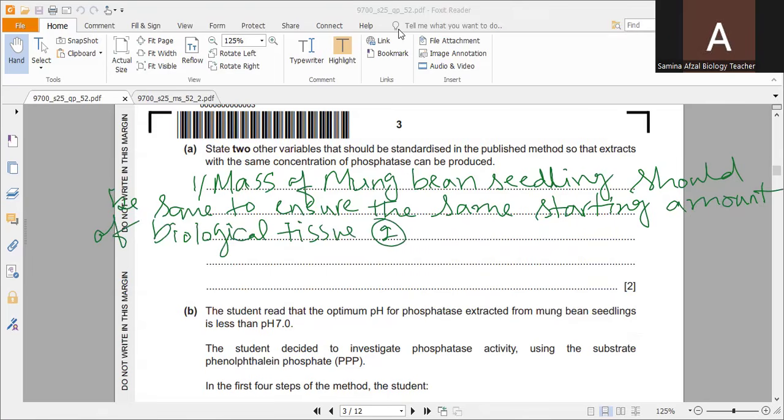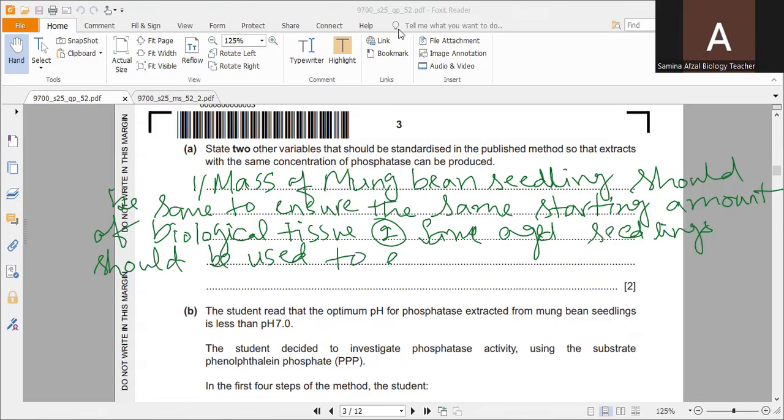And the second, the same age of seedlings should be used to ensure that all are at the same metabolic stage.